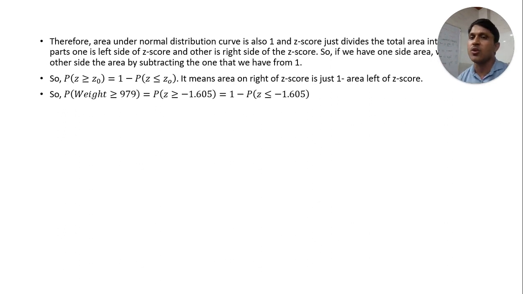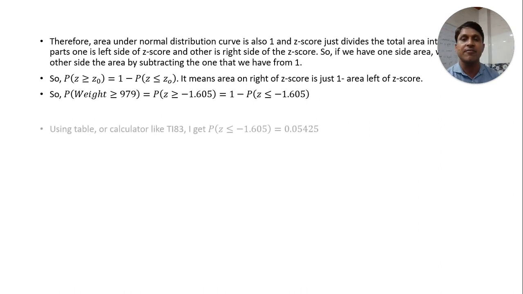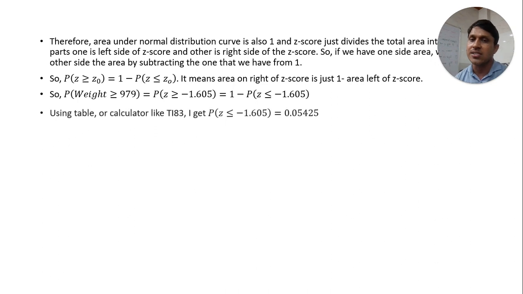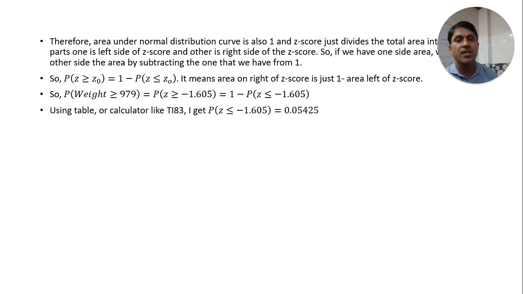So P(weight greater than 979), from which I calculated the z-score (979 minus 1,300) divided by 200, which is negative 1.605. So P(Z greater than negative 1.605) equals 1 minus P(Z less than negative 1.605).